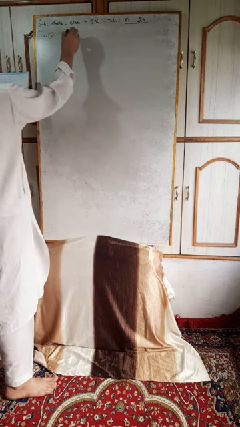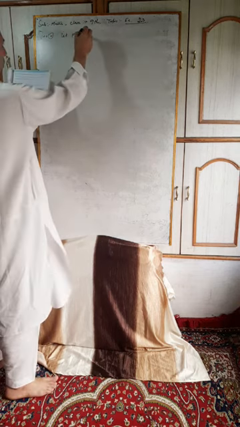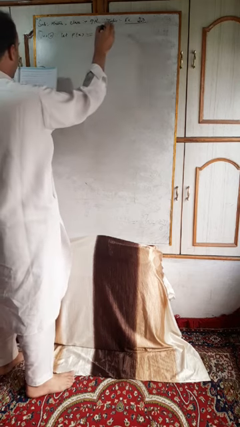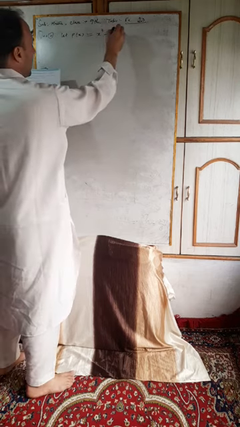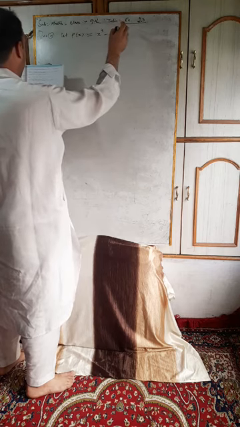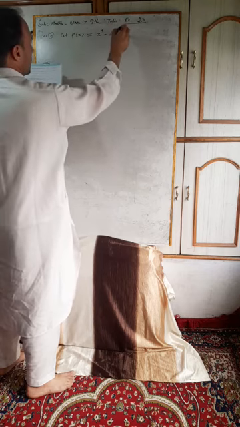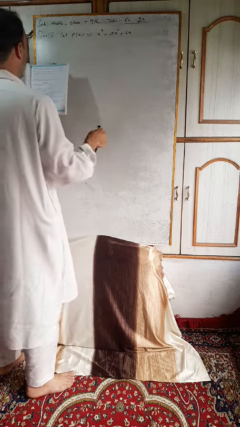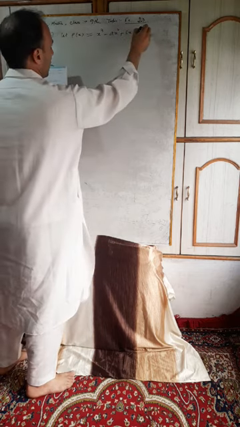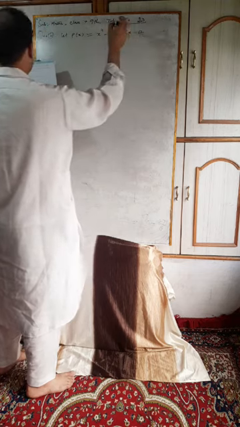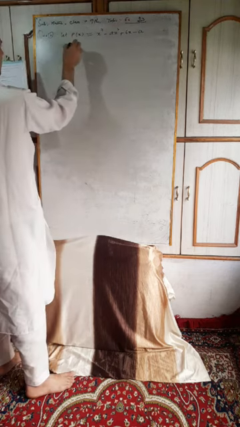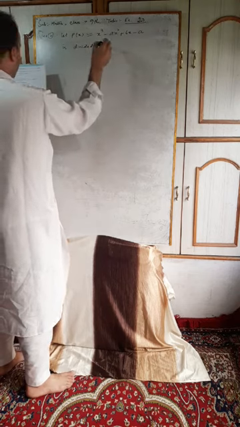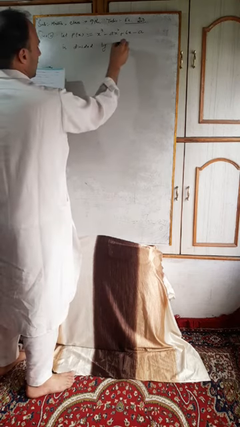Let p(x) is equal to x³ − ax² + 6x − a, and it is to be divided by x − a.